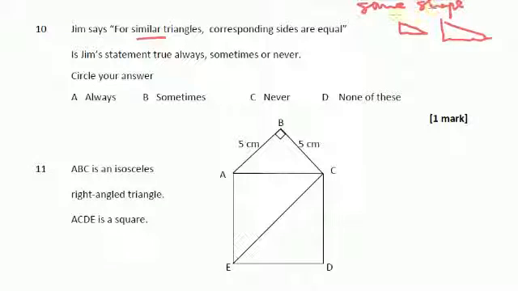One could be obtained from the other one by an enlargement. But you could also have this second triangle here, that's also similar to the first one. They are similar. So sometimes the corresponding sides are equal, other times they're not equal. Okay, so the answer is sometimes.